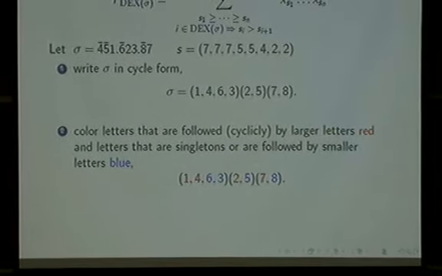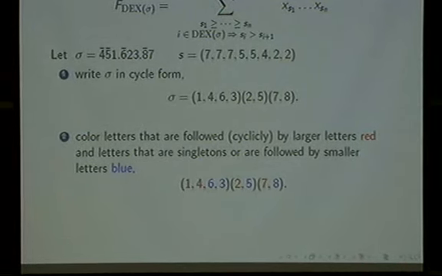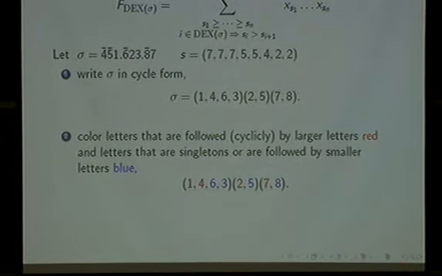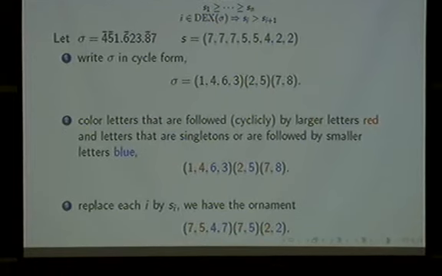So that's red, it's followed by a larger letter. 3 is followed by 1, a smaller letter, so we color it blue. So this is how we color the permutation. And then we replace the letters of the permutation by letters of the compatible sequence. So we're going to replace each i by s_i, and we end up with an ornament.